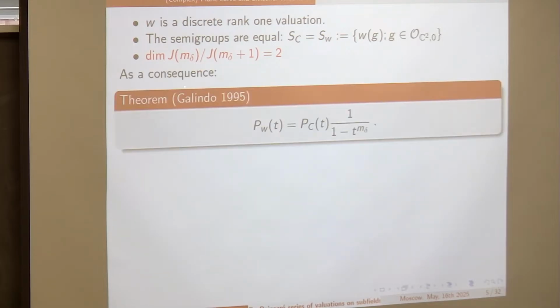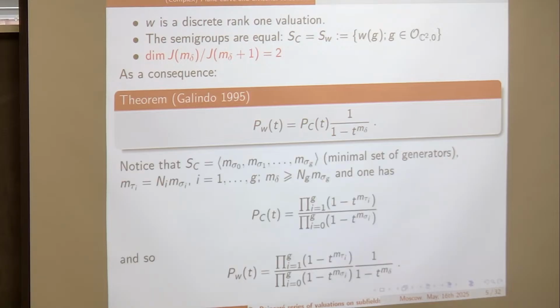So if one wants to compute the Poincaré series for this divisorial valuation, this is equal to the Poincaré series of the curve multiplied by this factor. Okay, this is the difference. That means that the Poincaré series really reflects the divisorial valuation, but the semigroup does not. It gives more rich information.